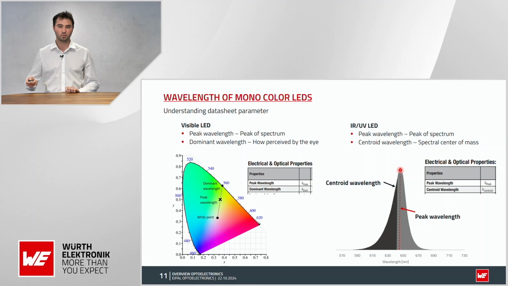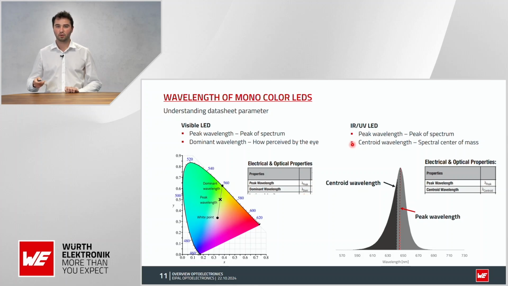The peak is where the maximum is, and the dominant wavelength is basically the color that is perceived by your eye. So for visible LEDs, what you most want to look out for is mainly the dominant wavelength. If this is similar between our product and a competitor product, then it looks the same to the eye.